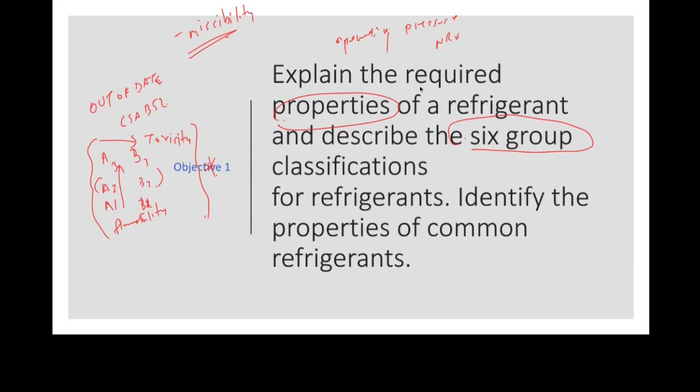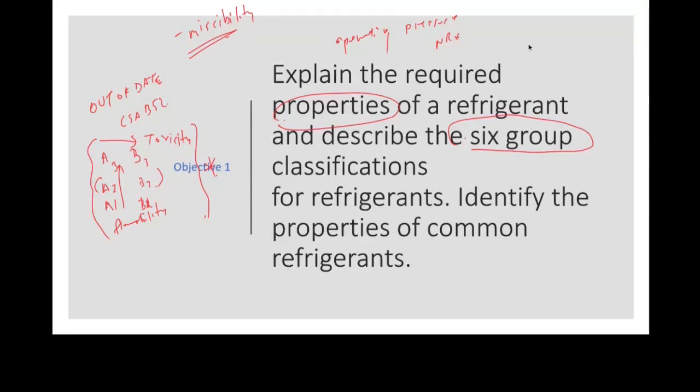This is the type of stuff that helps us to determine the operating characteristics of the plant. If we know what the refrigerant is, we know how much refrigerant we need to circulate per unit time to achieve a particular cooling effect. So these are some of the thermodynamic properties. So we've looked at some physical properties, some chemical properties.